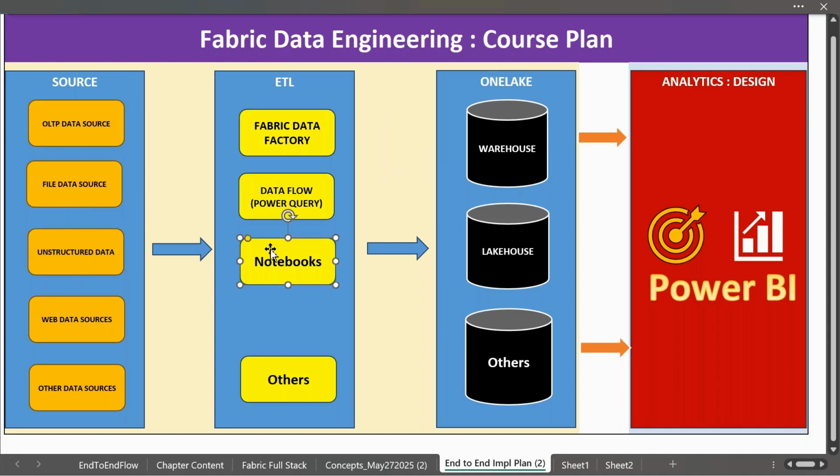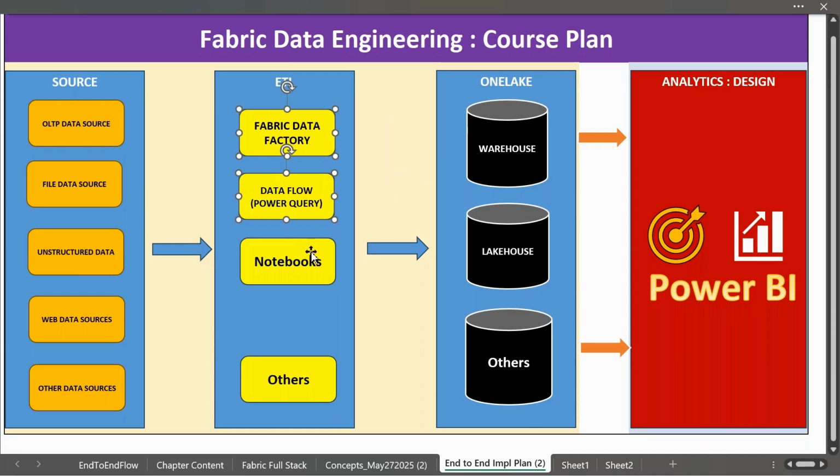Notebooks. Notebooks can work with structured data, unstructured data, database data, file data, anything, everything, but scripting, coding. So it is more powerful, more customized. Fabric data factory and data flow, in these two cases, we can use existing buttons, existing options.